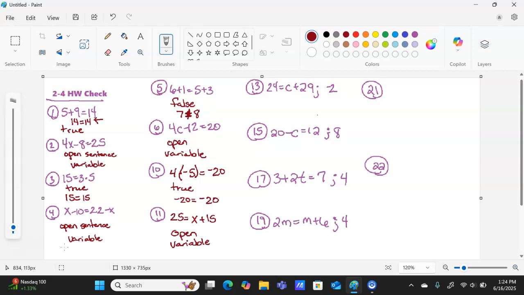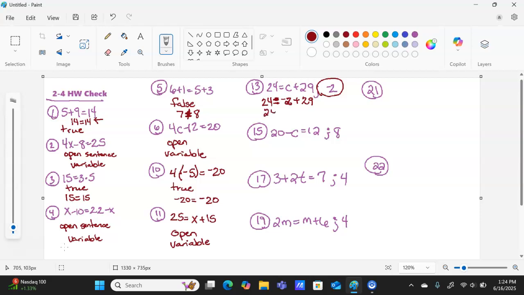13 through 19, we had to tell if the number they give us makes this statement true. Is a solution to the equation. So basically what we're going to do is replace the variable with our number, and that looks like a z, but it's a 2.